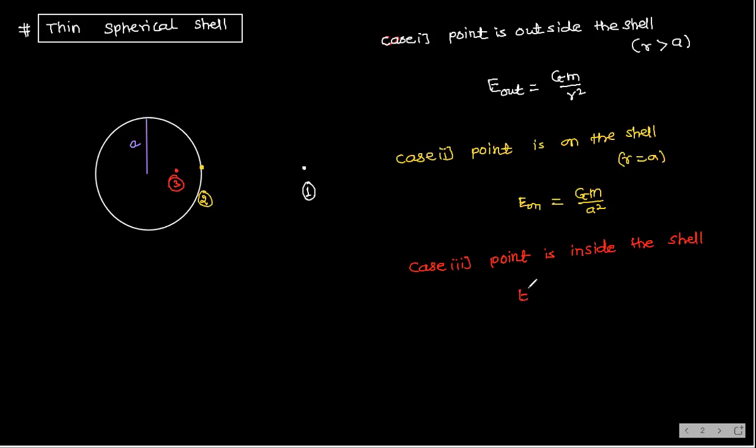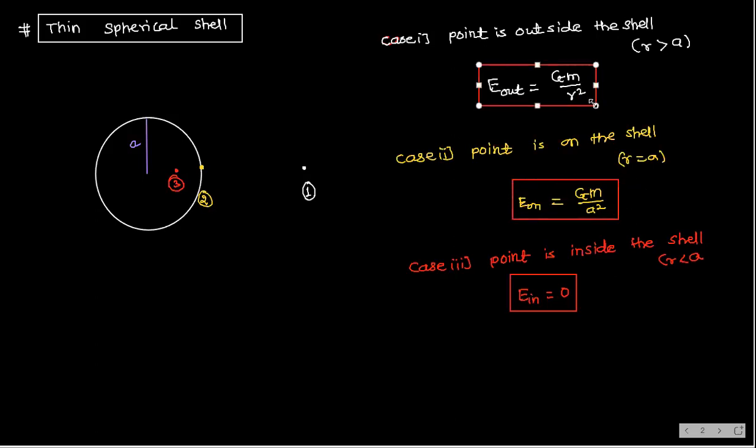Then E inside is equal to Gm, and here R is definitely less than A, and here gravitational field intensity is equal to 0. Okay, inside gravitational intensity 0, on the surface Gm by A square, out of the surface Gm by R square. Note down fast.